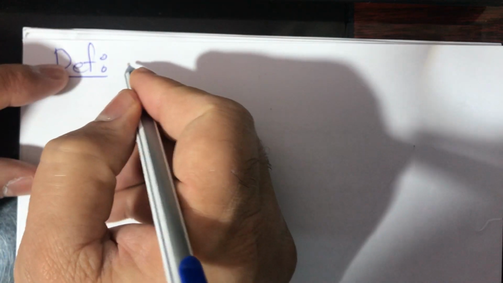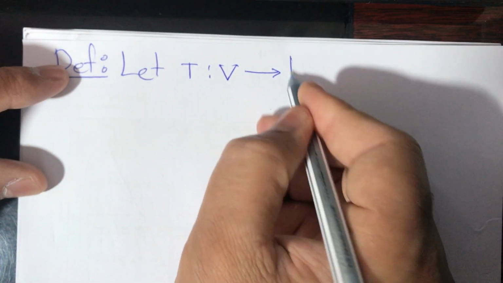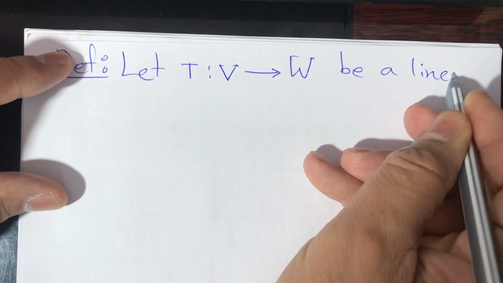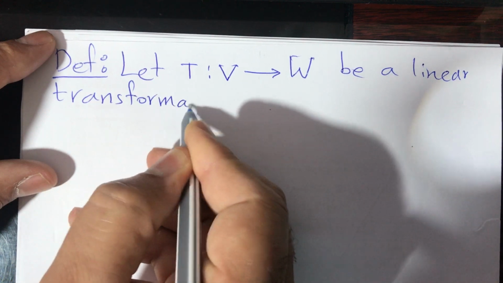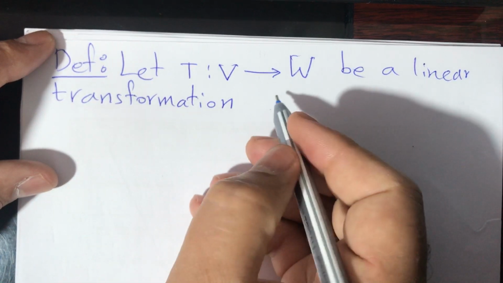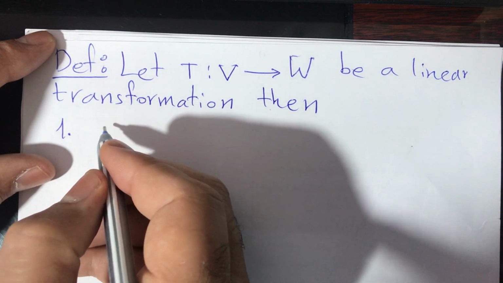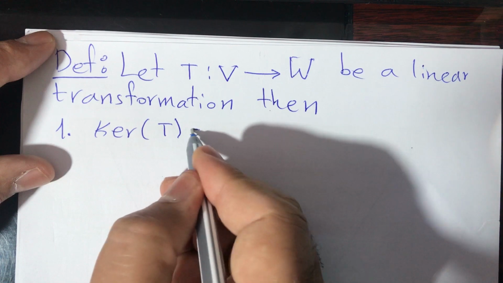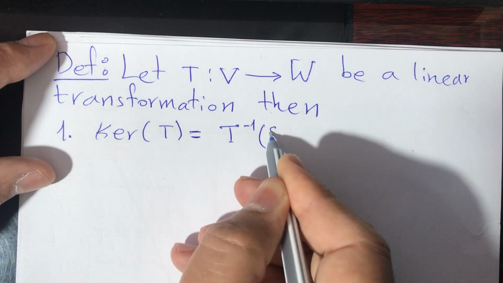Now this is a definition. Let T from V into W be a linear transformation. Then number 1: kernel of T is equal to T inverse of 0.